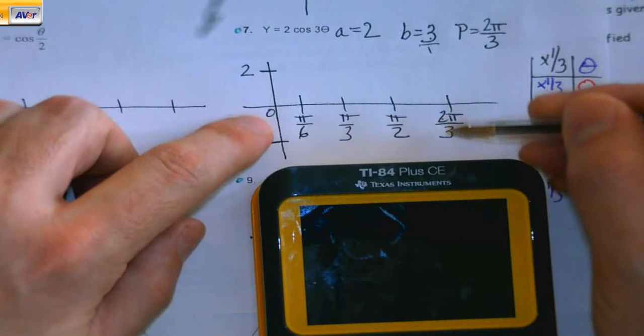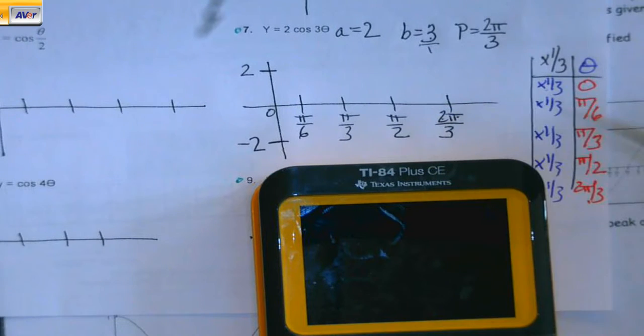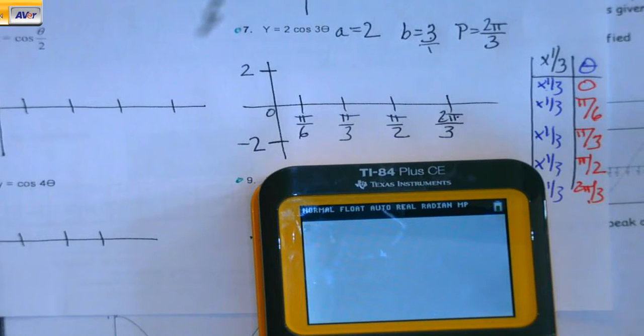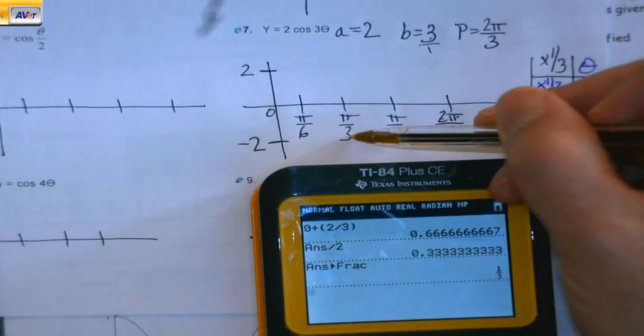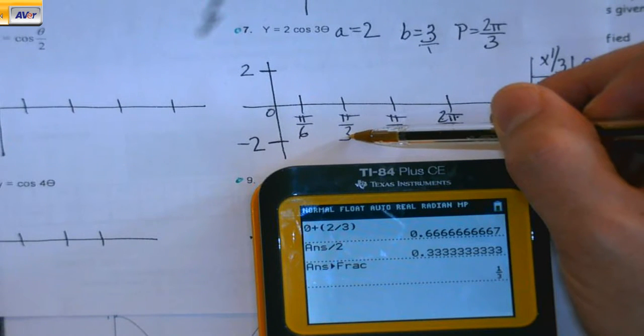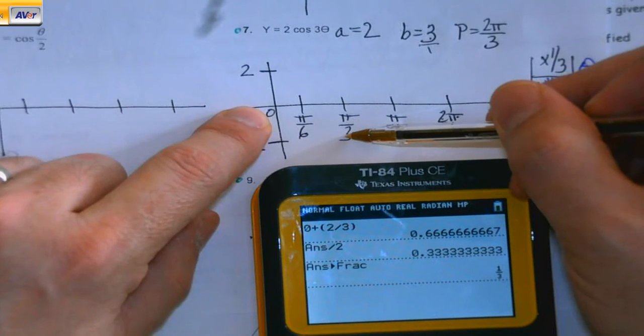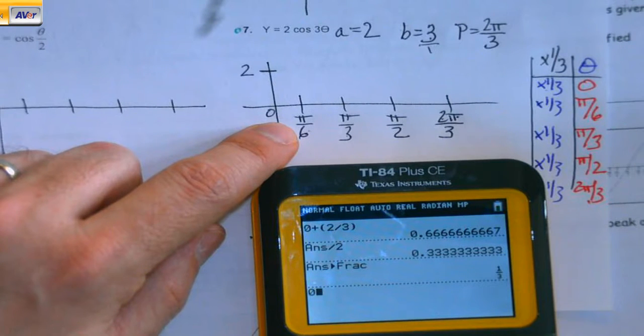We take the values numeric, we don't use the pi. So I take my endpoints, 0 plus 2/3, and then I want to find the middle. So I divide it by 2, math, enter. 1 over 3, pi over 3, because again I got to put the pi back. And then, well, what's in between 0 and 1/3?